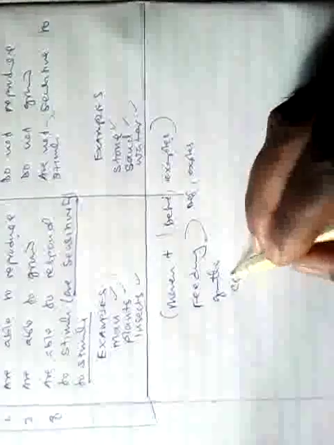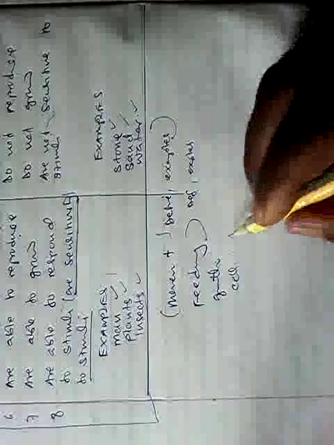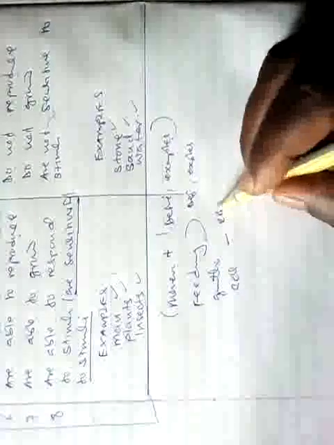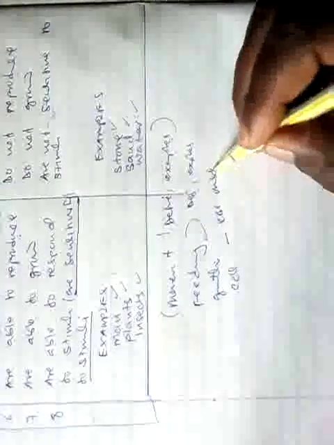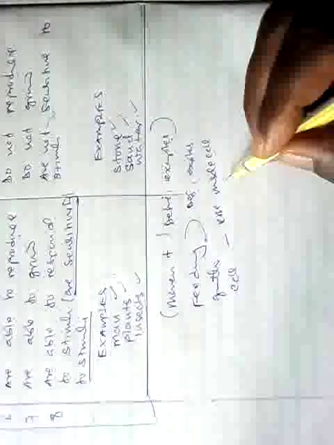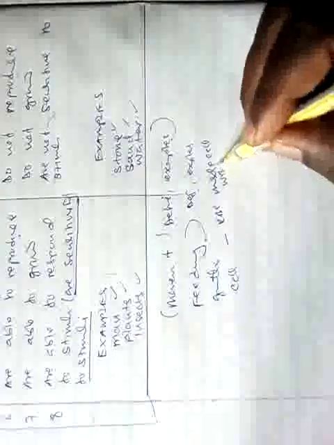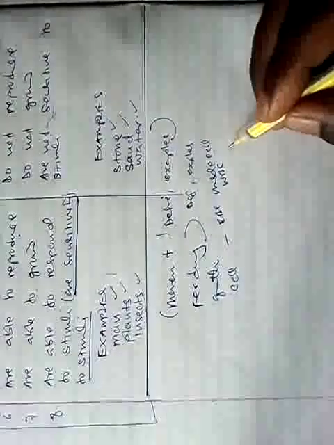In terms of cells, you state that living things or organisms are made up of cells. Then you give examples of cells. In terms of animals, we have muscle cells, red blood cells, white blood cells. Those are examples. So for man we have red blood cells, muscle cells, then white blood cells. We have a lot of cells.